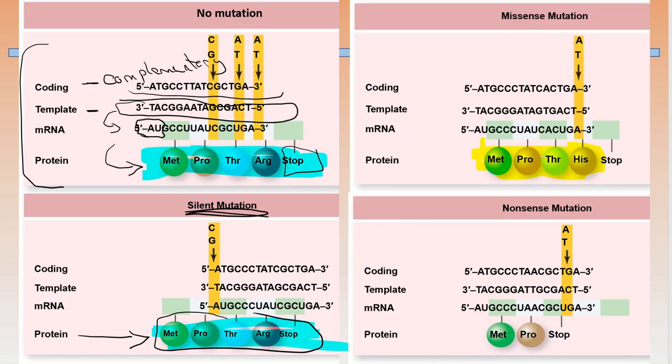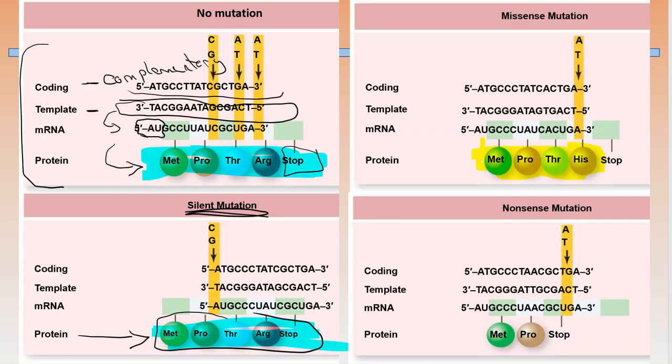The last type of mutation that we discussed is the nonsense. And this is where a stop codon is added in place of a different one. So when that base substitution occurs, it actually led to a stop codon occurring too fast.